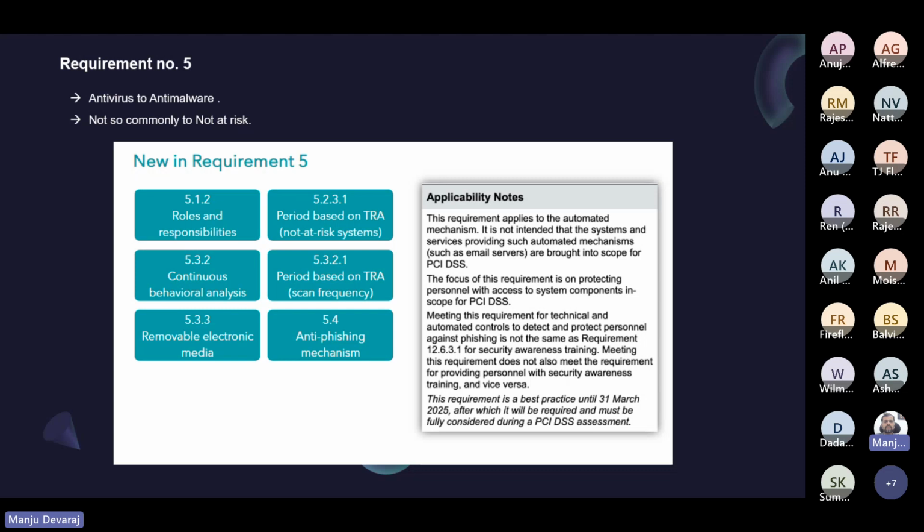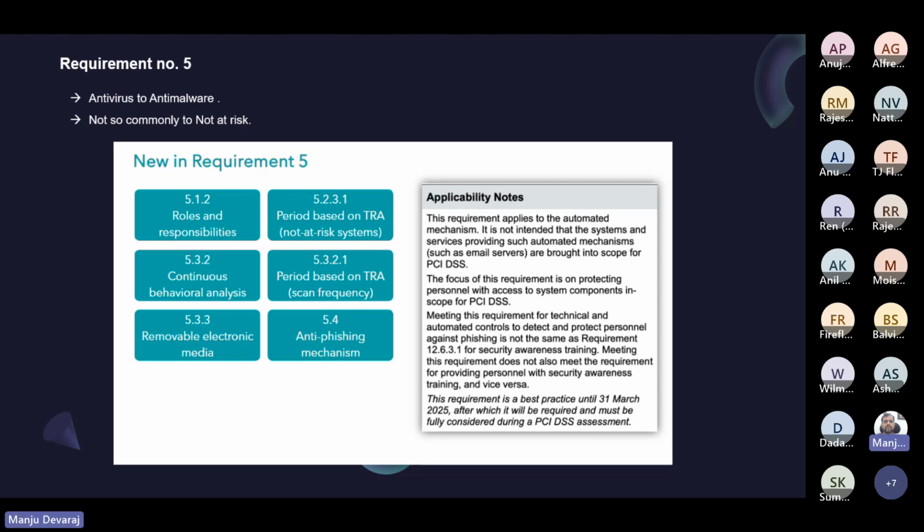And further, there is one requirement, if you look at it, this one is connected to 5.3.2 and 5.3.2.1. 3.2.1 is a requirement under 5.3.2, meaning a system using continuous behavior analysis only has to go through a TRA, because it's already continuous.